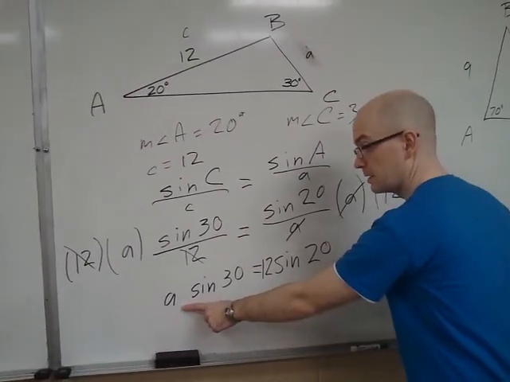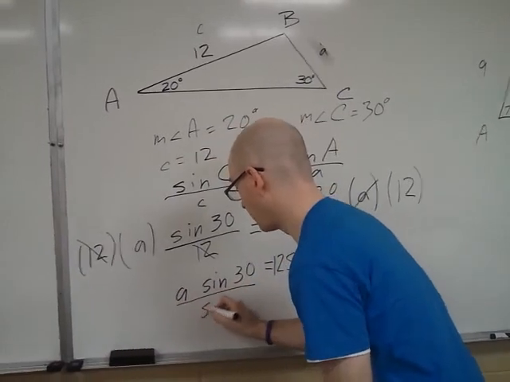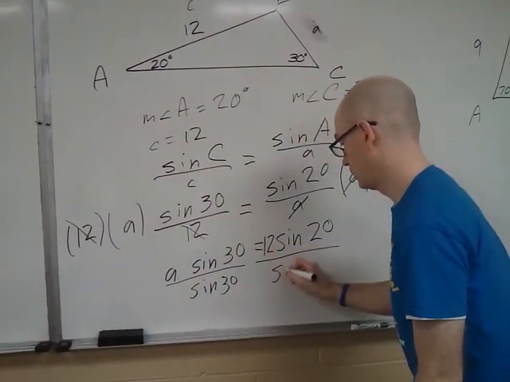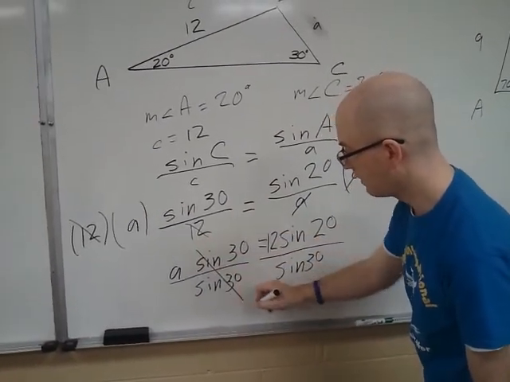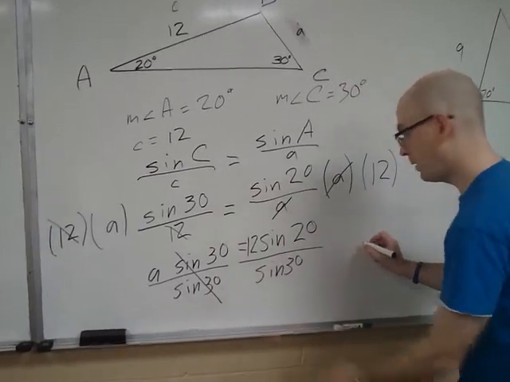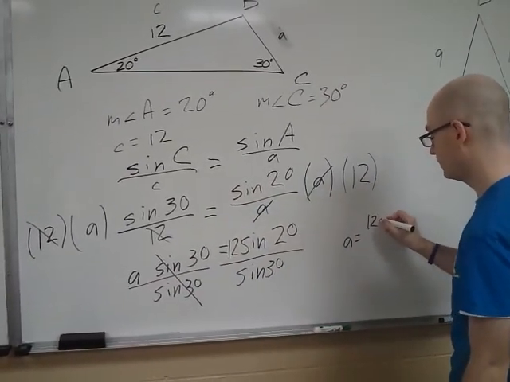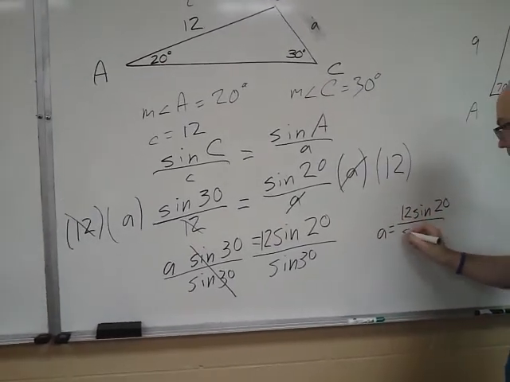We want to get a by itself, so we divide both sides by the sine of 30. These cancel on the left, and we're left with a equals 12 times the sine of 20 over the sine of 30.